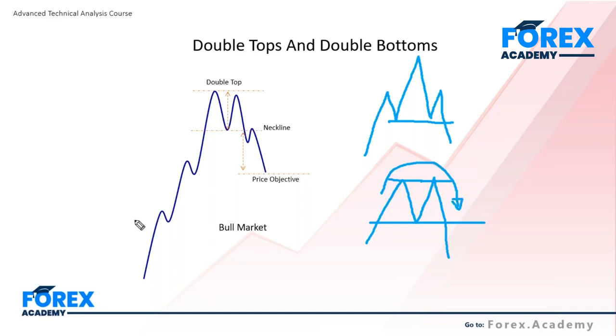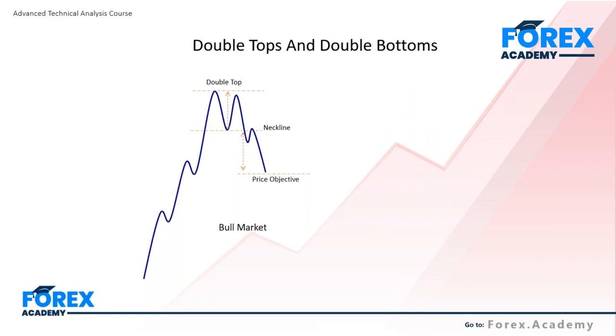We can also highlight, when it comes to double tops, a neckline, possibly more commonly referred to as a midpoint. The break of the midpoint or the break of the neckline will confirm the double top. Again, if we take the height of the top, the highest point of the trend, down to the neckline, we can then project that distance down towards a level that can then be calculated as the price objective.